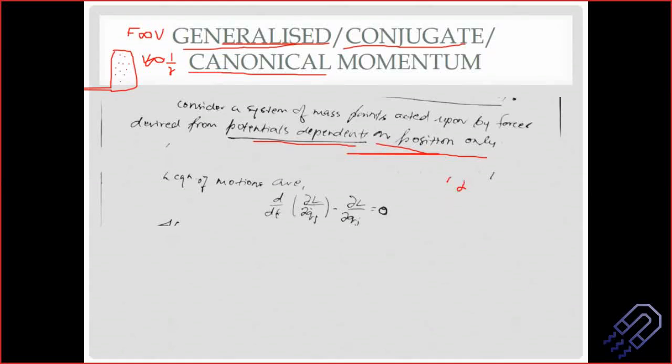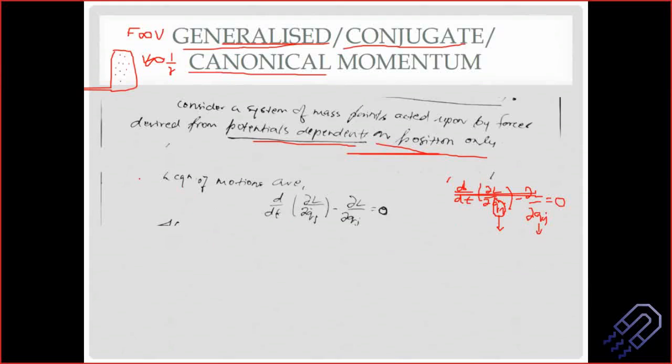This is the equation of motion of a Lagrangian: d/dt of ∂L/∂q_j dot minus ∂L/∂q_j equals 0. Here q_j dot is the generalized velocity, and q_j is one coordinate. This is called Lagrange's equation of motion.